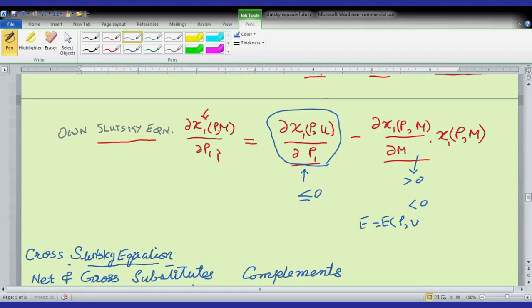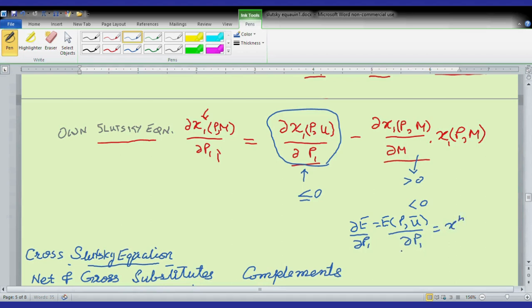utility is held constant and other prices are held constant, and then we take the partial derivative of the expenditure function with respect to P1, we in fact get the Hicksian demand function. So let us write it down as x1h.